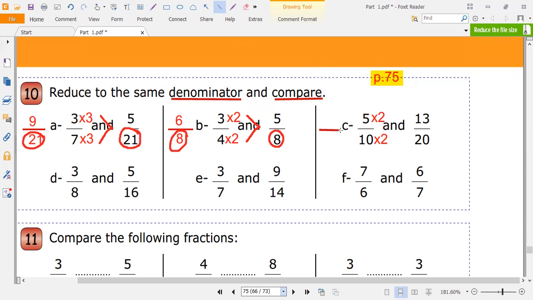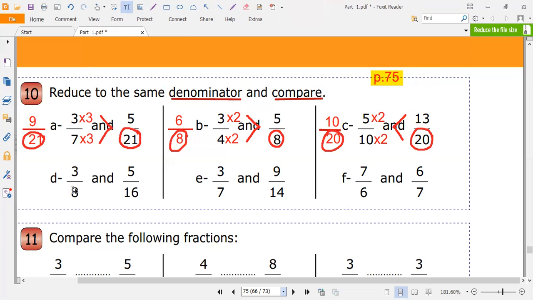So we get a fraction which is equal to 5/10, and equals 5 times 2, 10. 10 times 2, 20. So now we have 20 and 20. So we have to compare the numerators. 10 and 13. 13 is greater than 10, so 13/20 is greater than 10/20.